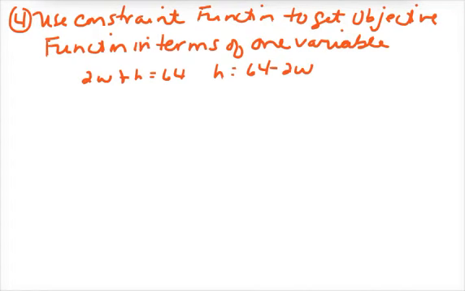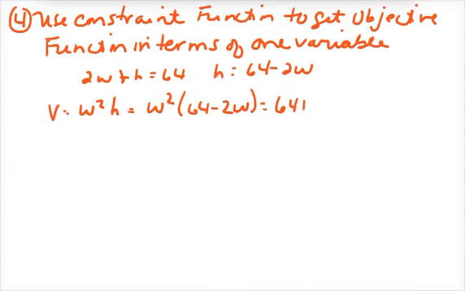And then I'm going to put that into the volume function, which is W squared H. So this is W squared times (64 minus 2W). And distribute in that term, and you're left with 64W squared minus 2W cubed. So that's your objective function in terms of one variable.